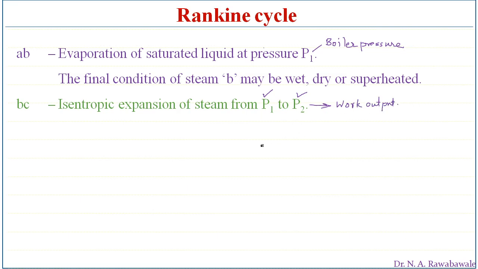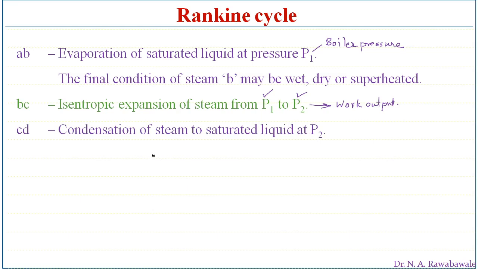And afterwards, coming to CD, the process of condensation of steam to saturated liquid at condenser pressure, the steam is condensed, that is, steam phase is changed from vapor to liquid. So it is condensed in this process C to D.